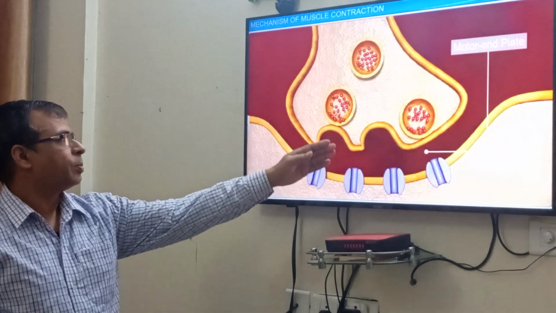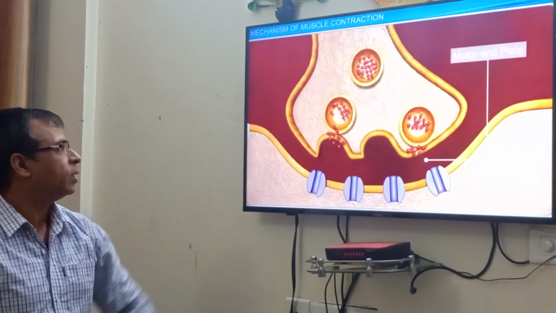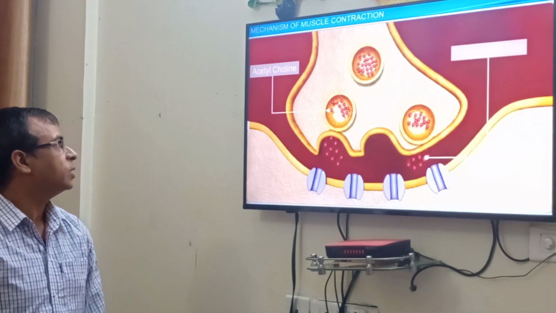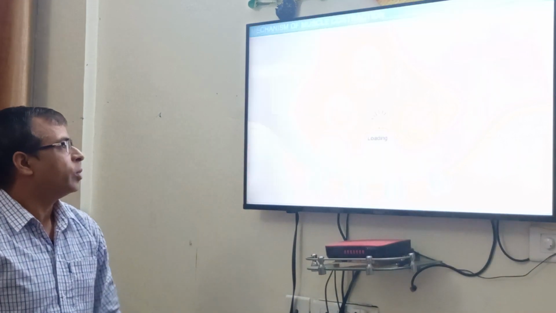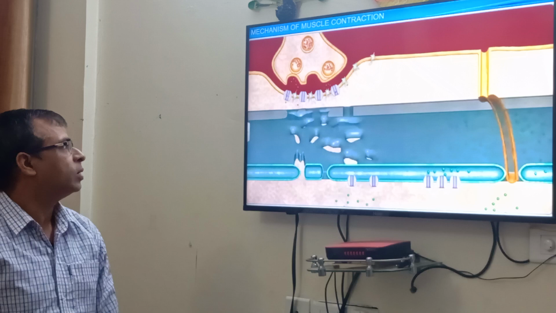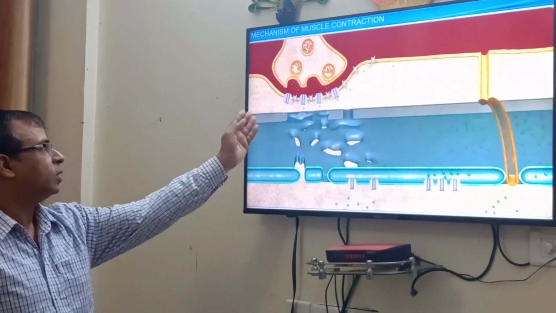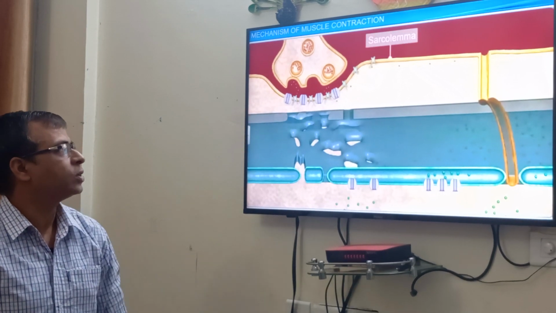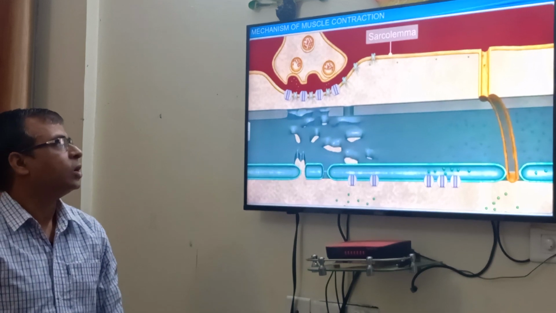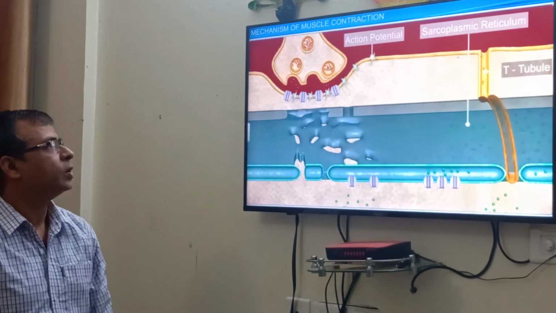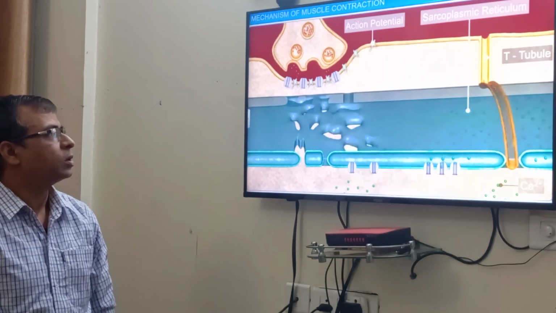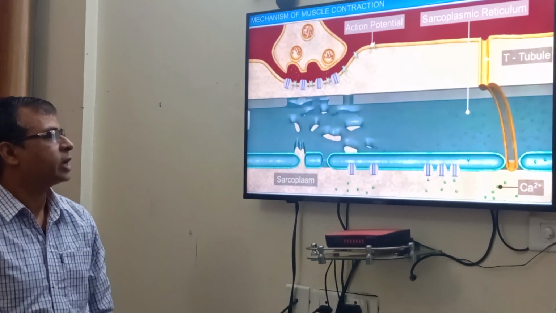This is the motor end plate. This supplies acetylcholine, coming after getting the signal. This creates an action potential in the sarcoplasm, and the sarcoplasmic reticulum releases calcium ions.